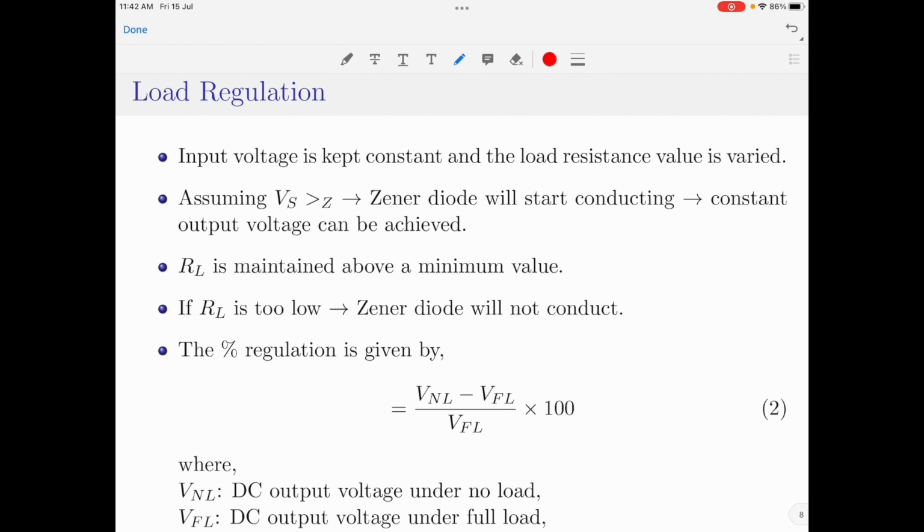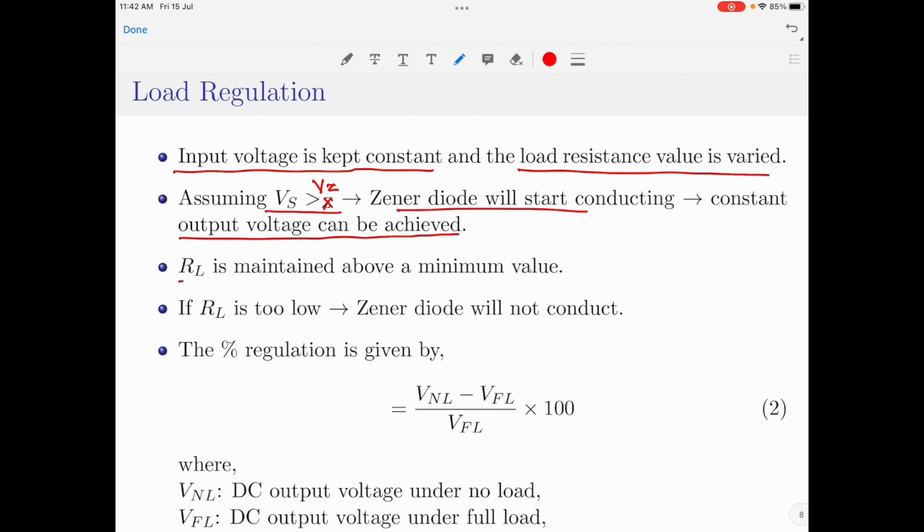So, to summarize the load regulation technique, the input voltage is kept constant and the load resistance is varied. Assuming that the input voltage is greater than Vz, which is the breakdown voltage of the Zener diode in the reverse biased condition, the Zener diode will start to conduct and a constant output voltage can be achieved across the load terminals. However, care must be taken to make sure the value of the load resistance is maintained above a minimum value.